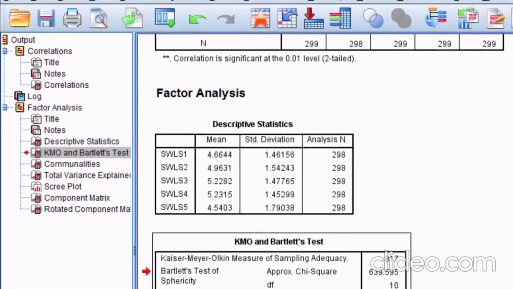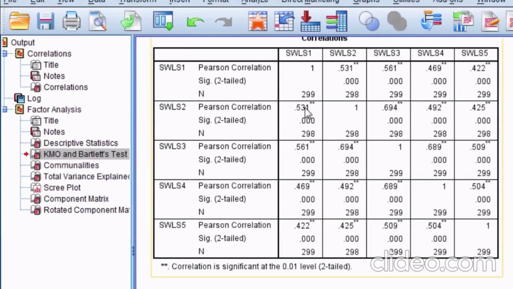What this is testing is whether the correlation matrix of our variables, item 1 with 2, item 1 and 3, 2 and 3, and so on, this entire triangle, are these correlations significantly different from zero? Unlike the correlation matrix, it doesn't test each individual correlation separately.